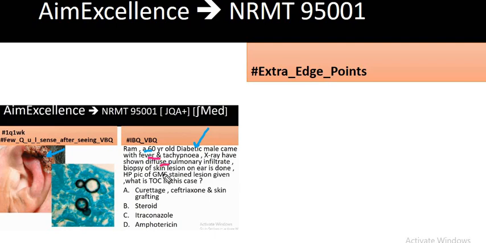And a biopsy of the skin lesion here is done, and that is where you are seeing the Gomori methenamine silver nitrate stain, which is showing broad-based fungi. So you can understand the fungus which is causing both the respiratory symptoms and the skin finding, the histopathological finding.